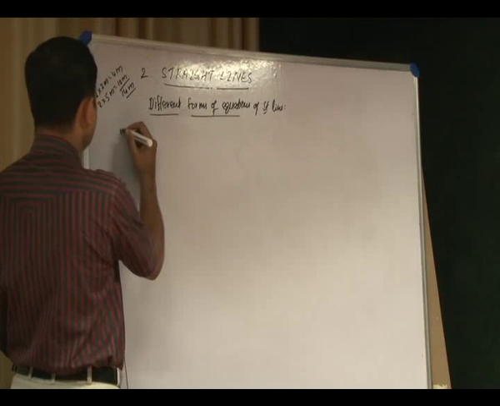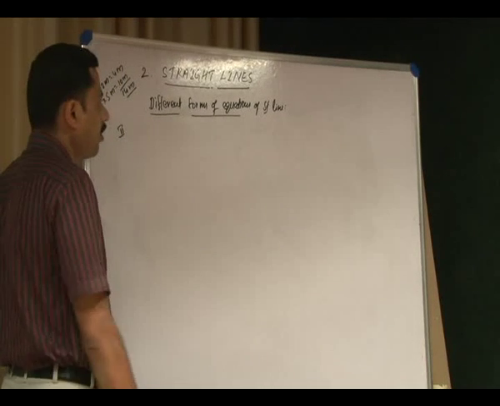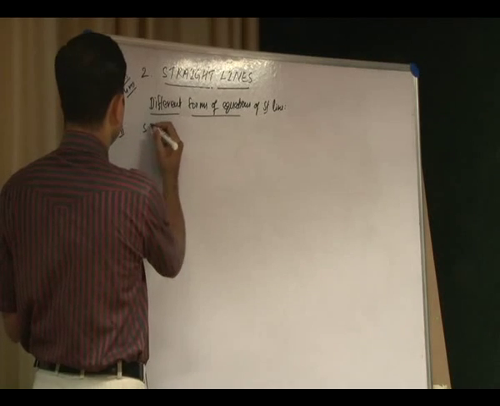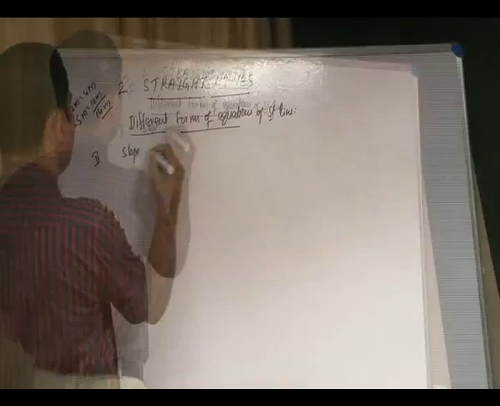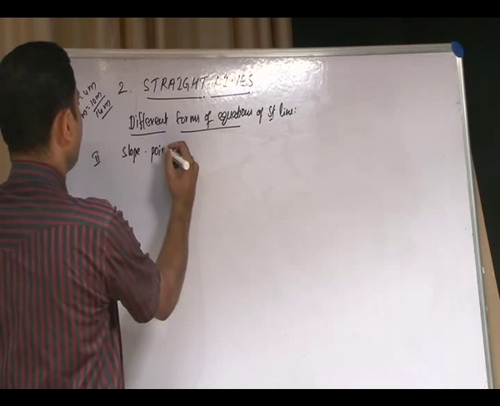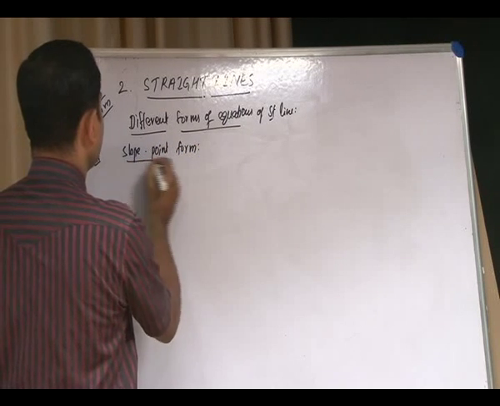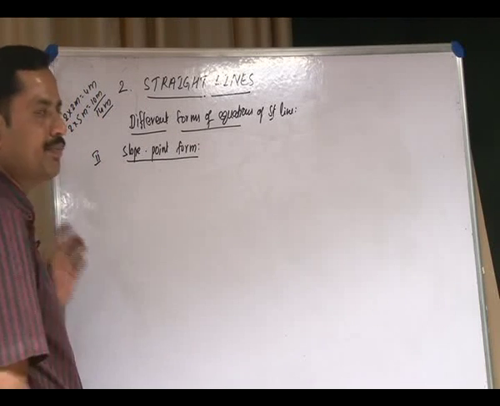Next I will consider the second form of the equation of a straight line, that is called the slope point form. Second one, slope point form.